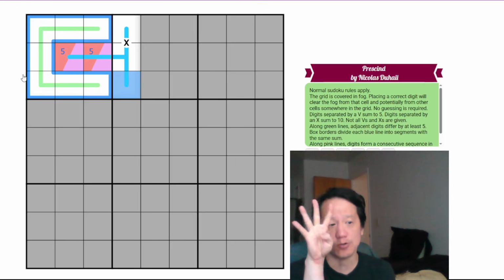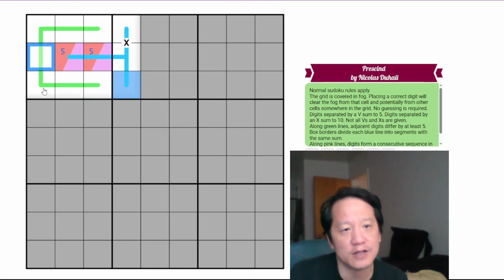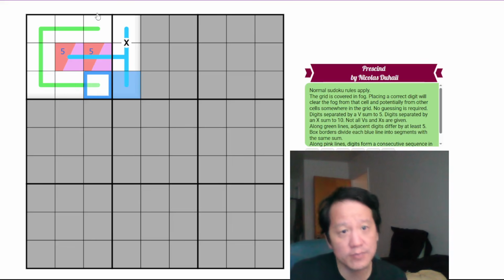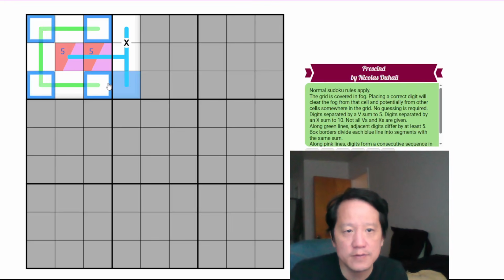Because we only have 4 high digits from the digits 1 through 9. So therefore, this cannot be high, low, high, low, high, low, high. It has to be low, high, low, high, low, high, low. Which means these are all low, and these are all high.